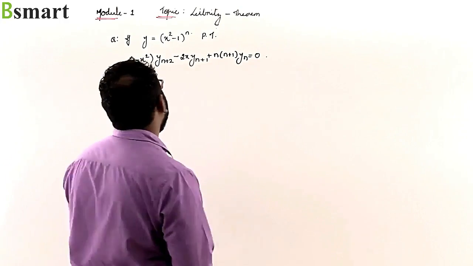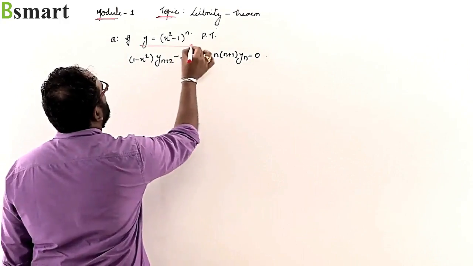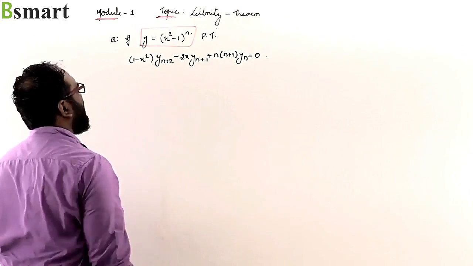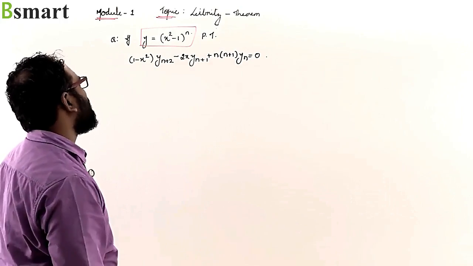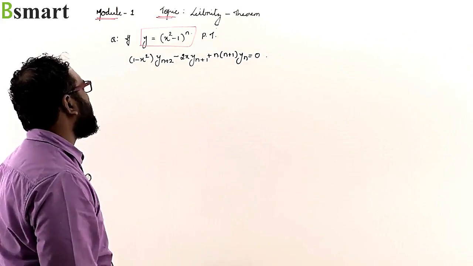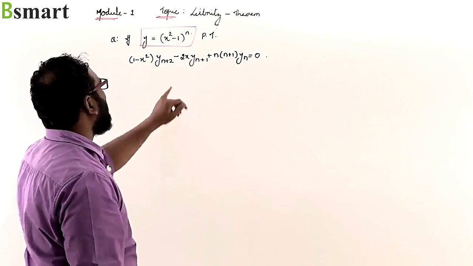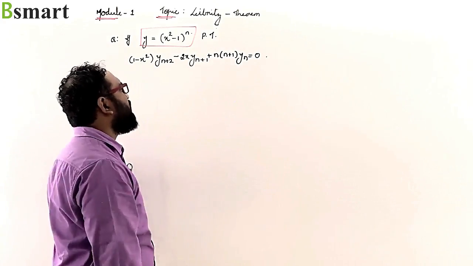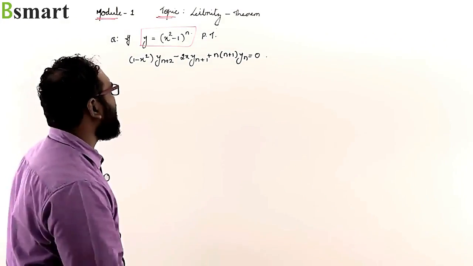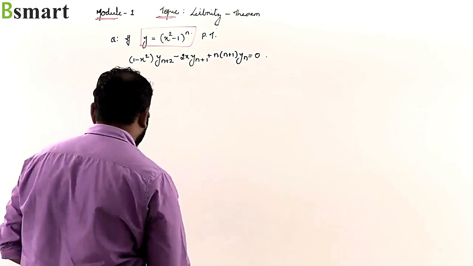Now, consider y = (x² − 1)ⁿ. He is asking us to prove that (1 − x²) yₙ₊₂ − 2x yₙ₊₁ + n(n + 1) yₙ = 0.